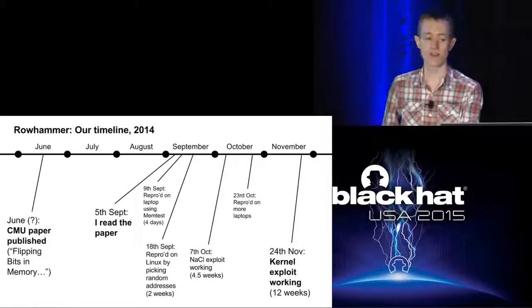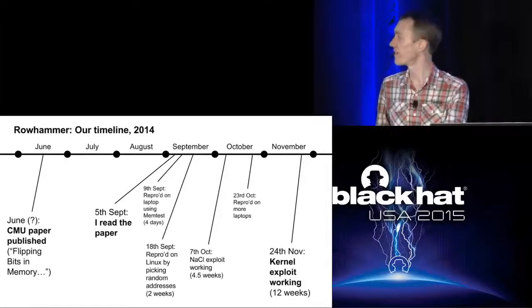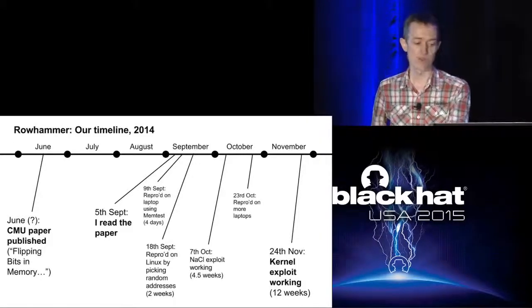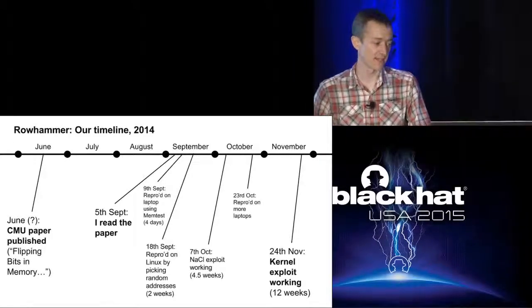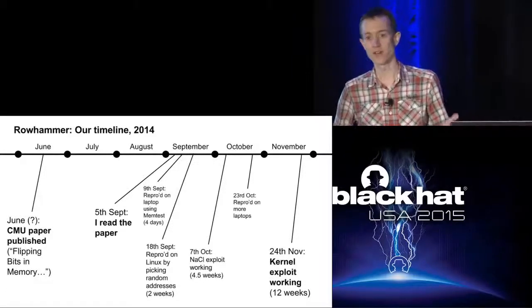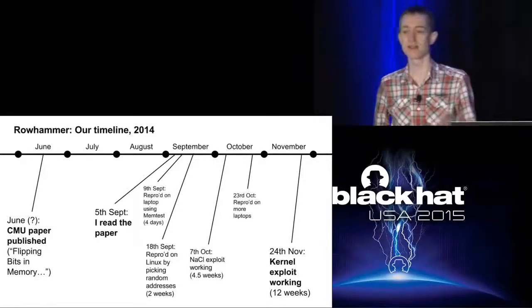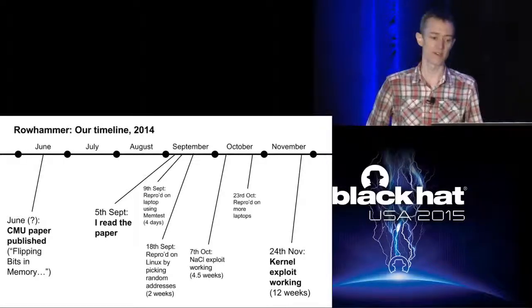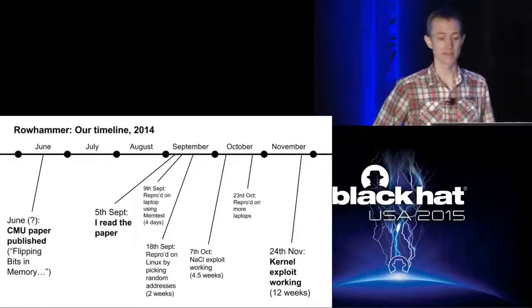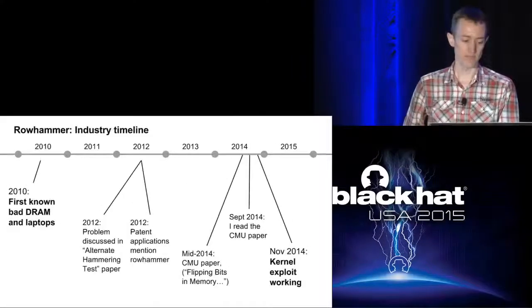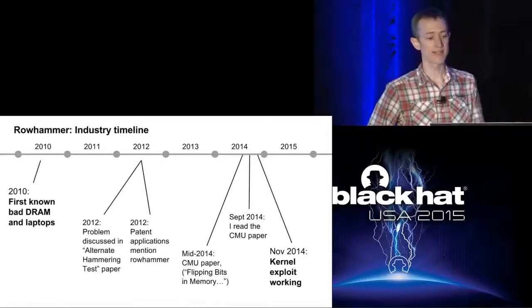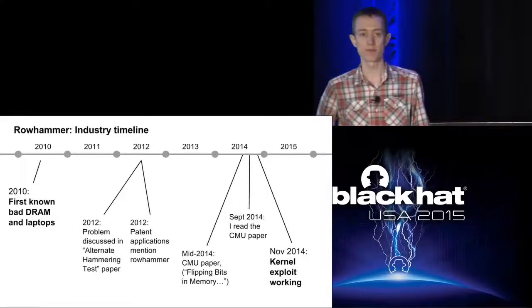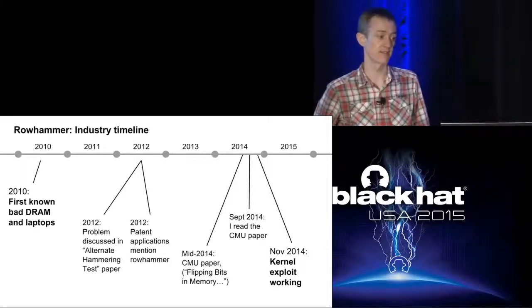About 4 days after reading the paper, I found I could repro the problem on a spare laptop that I had. And then about 4 weeks after reading the paper, I had an exploit for native client working. And about 12 weeks after, I had a kernel exploit working. In contrast to that timeline, the origins of the problem go back to about 4 years earlier.